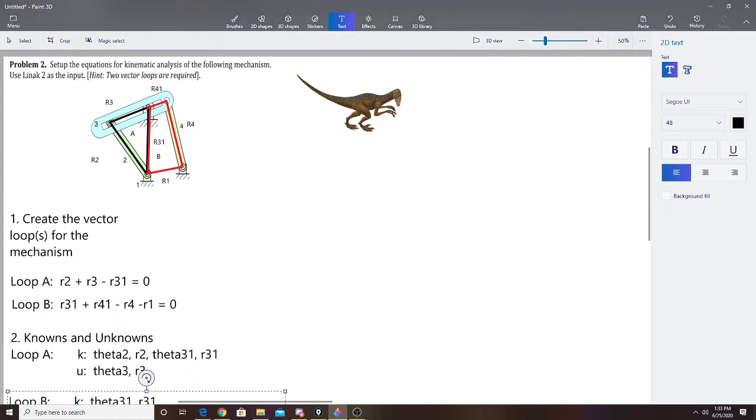What about theta 4-1? Anybody? You think it's known? Why do you think it's known? I think it should be unknown for the exact same reason that our theta 3 is unknown.